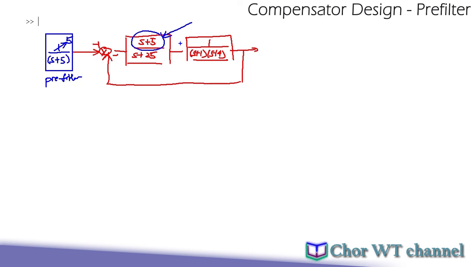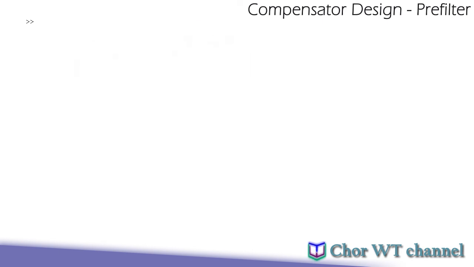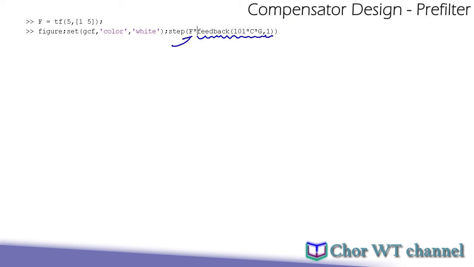So let's do this by introducing the prefilter. Let our F here be our prefilter transfer function, which has a gain of 5 over s plus 5. Now in this step, you see that on top of the feedback transfer function that we have earlier, I'm introducing an additional prefilter in front of it, so that our system can exhibit the time response that is close to our prediction.